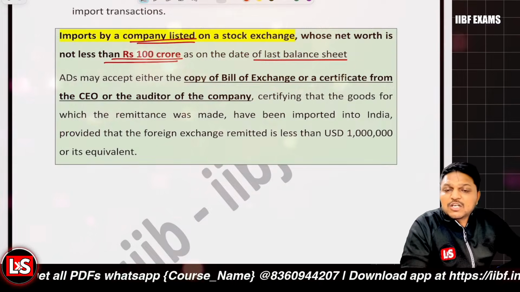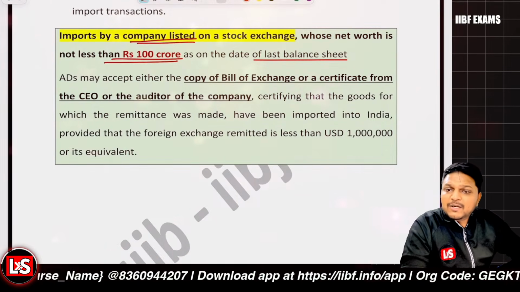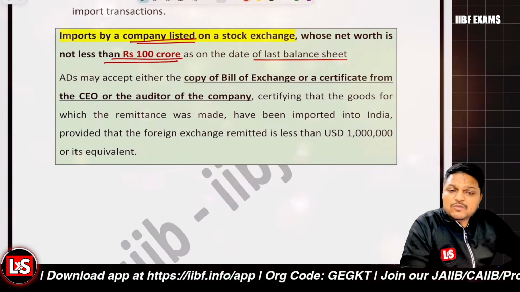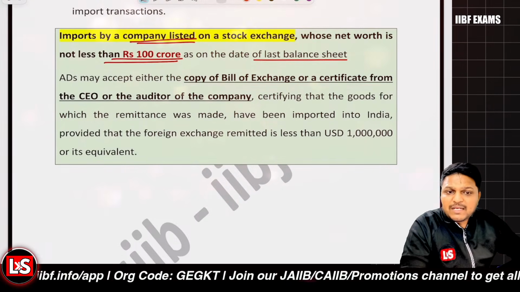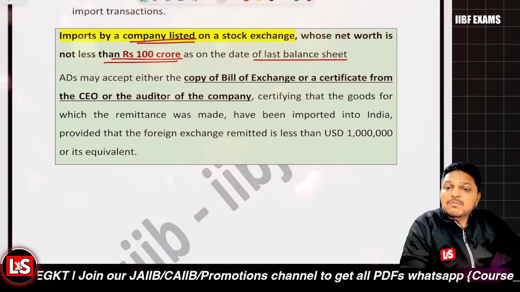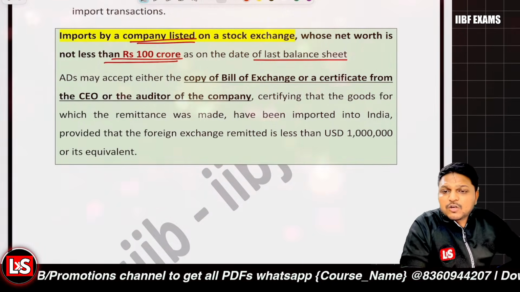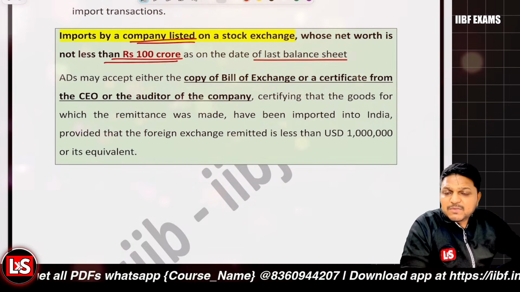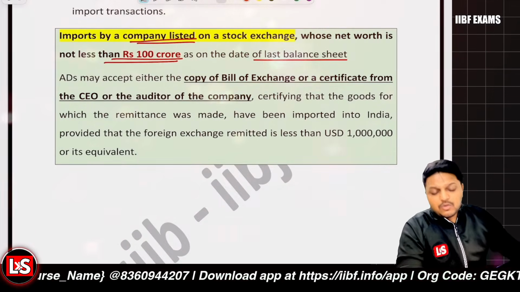If these conditions are met, and the foreign exchange remitted is lesser than 1 million USD or its equivalent per transaction, right? Or if the remittance is 1 million USD or above, normal documentary evidence is required. Clear with it? Documents other than the bill of entry can be allowed: a copy of the bill of exchange, or a certificate from the CEO or the statutory auditor.